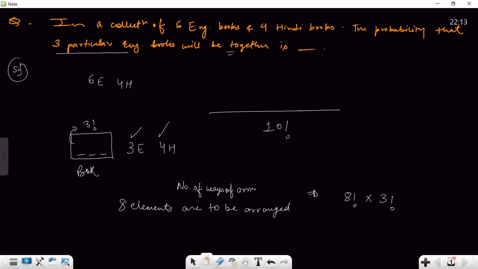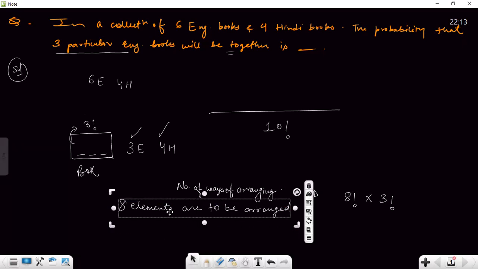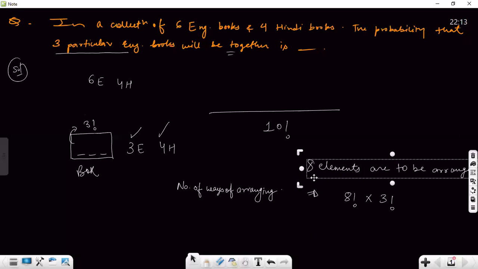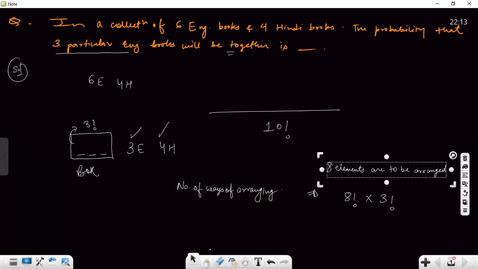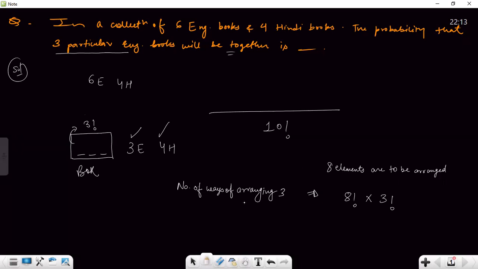So that's the total number of ways of arranging 3 particular English books.